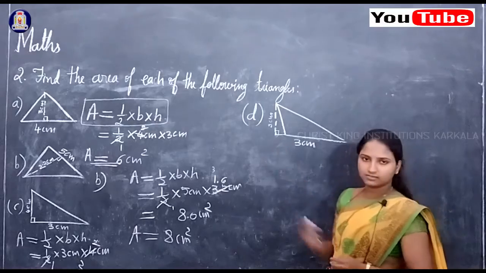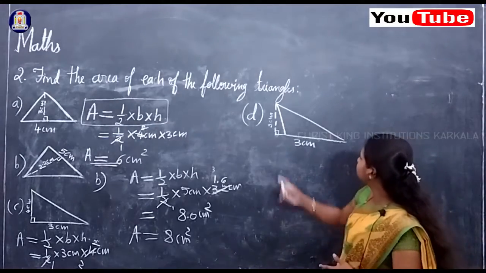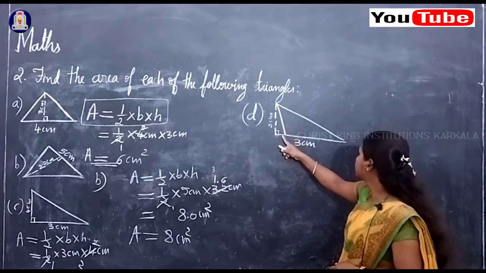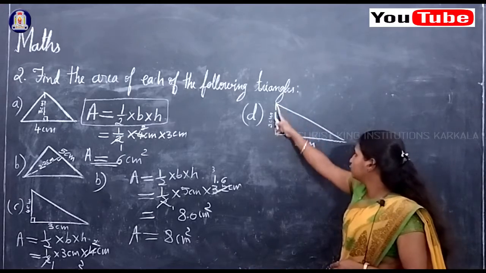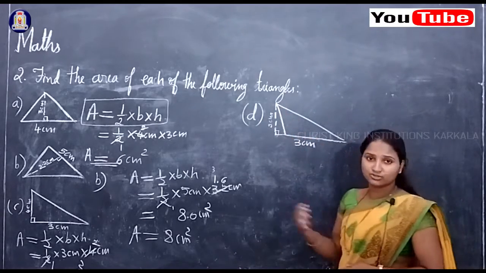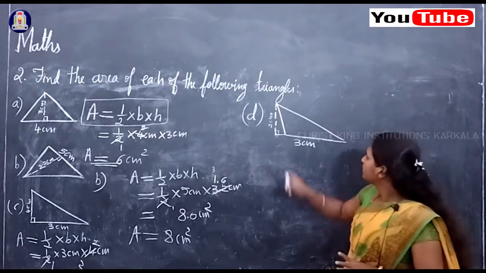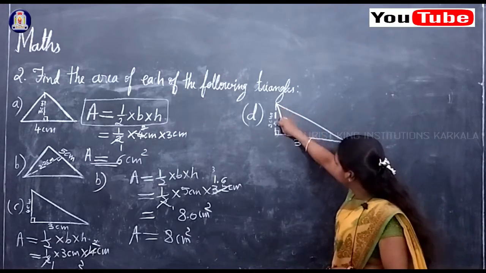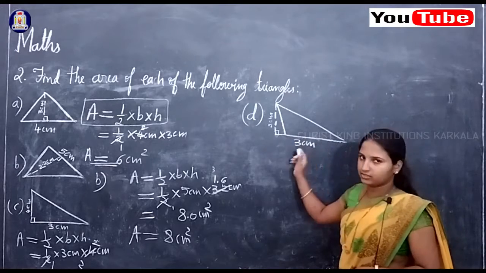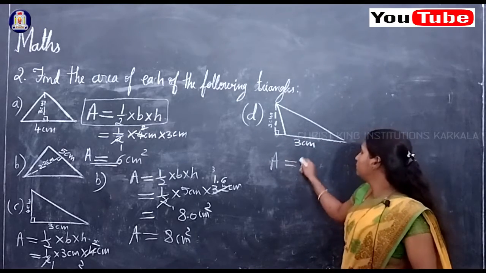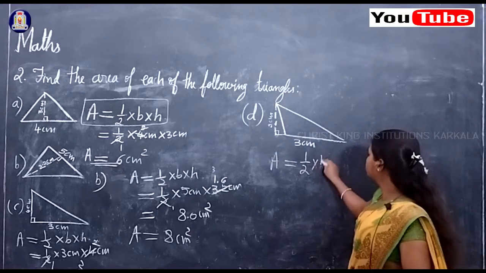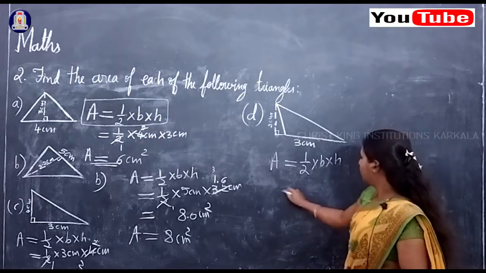Now the last one, D. The figure is like this. The height is given here outside. Actually the triangle looks like an obtuse angle triangle. In this triangle the height is given and the base is 3 centimeter. So A is equal to half into base into height.